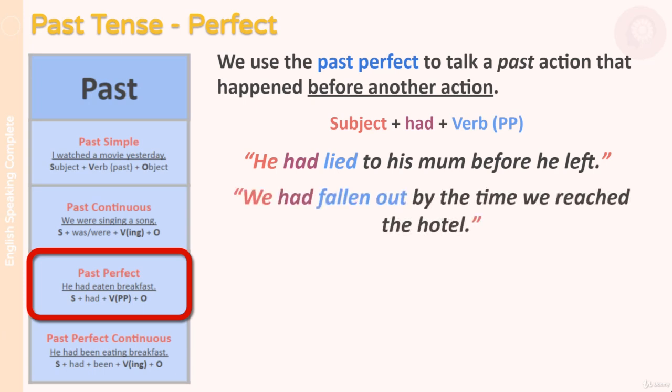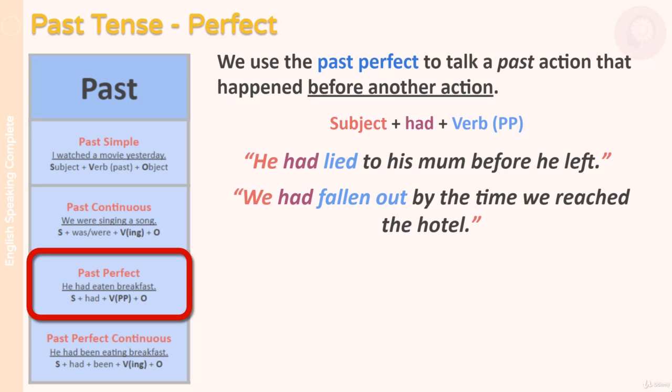We had fallen out by the time we reached the hotel. We could also, for this last example, and to be honest, any of these examples, use contractions. I'm not going to show you the contracted forms because really perfect tenses are quite advanced in terms of grammar anyway.